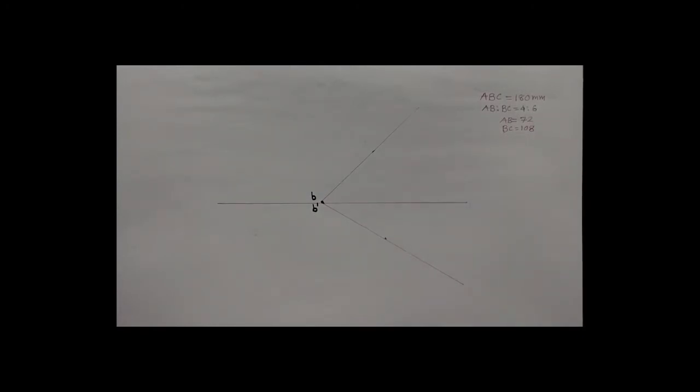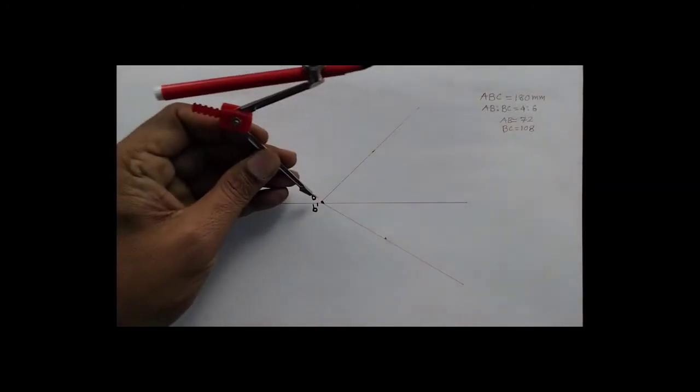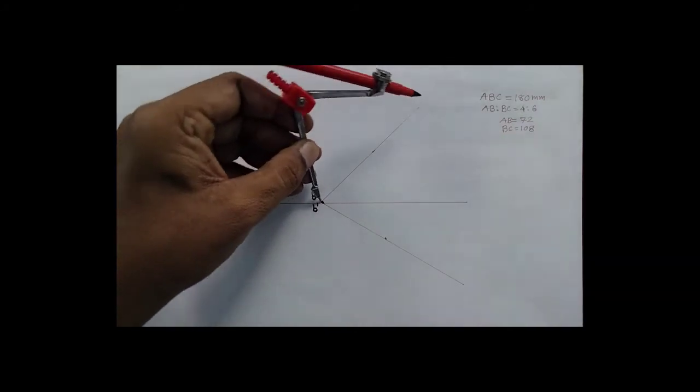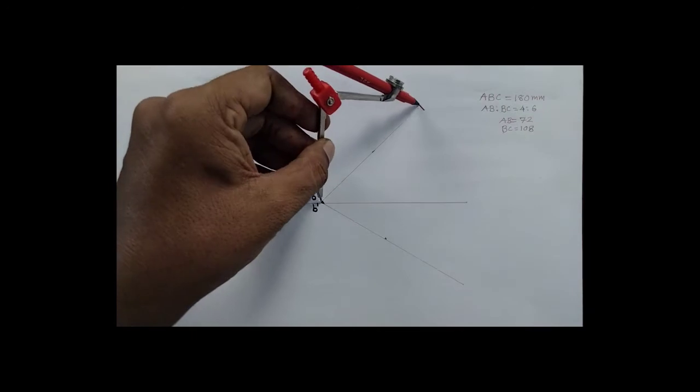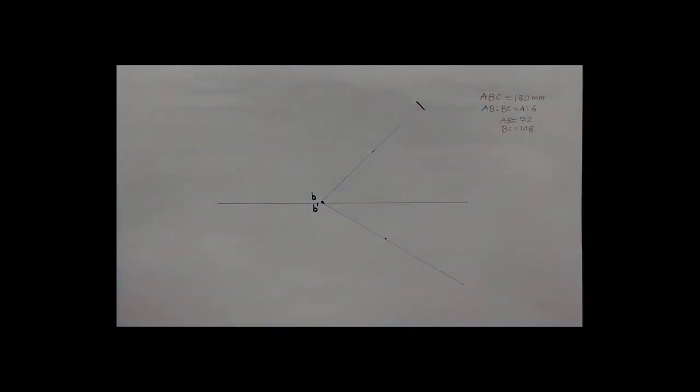So we take 108 mm radius, center B dash, and draw the arc on the 45 degree inclination line.